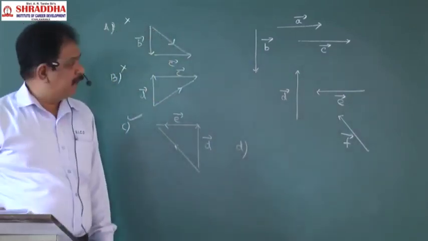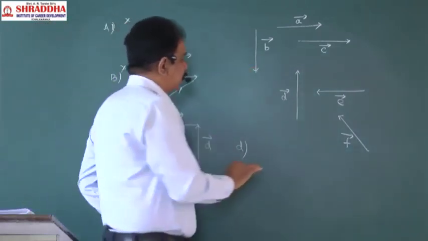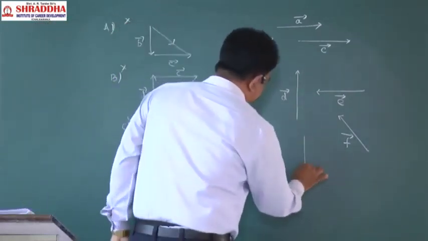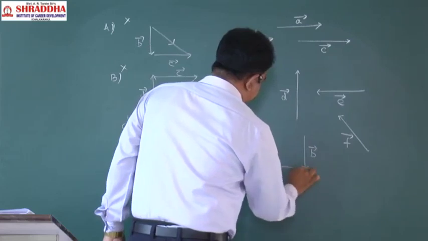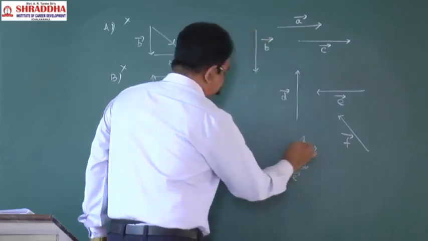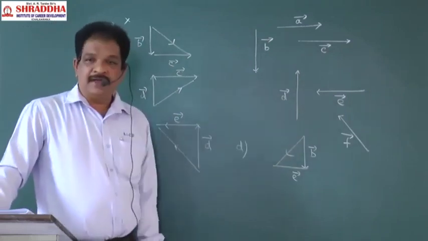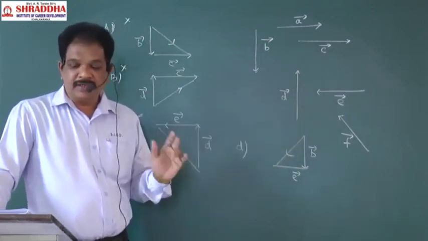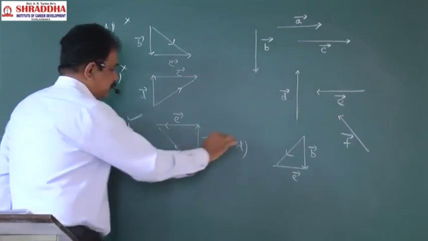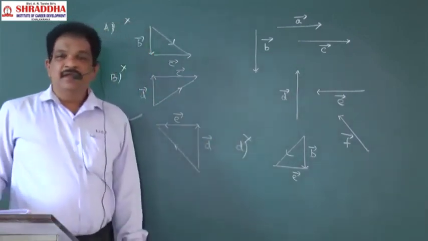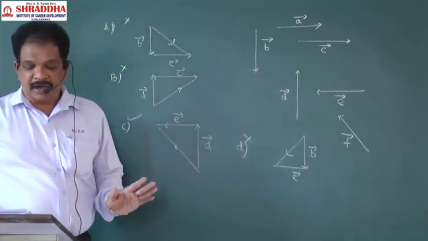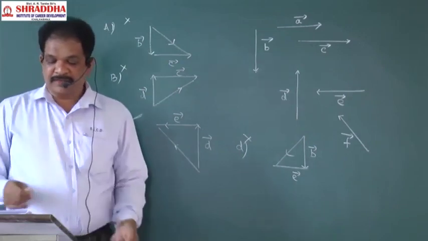B bar plus E bar. B bar plus E bar will be equal to this one, which is not F bar. So what is the correct option? C is the correct option. Remaining all are wrong. Next.